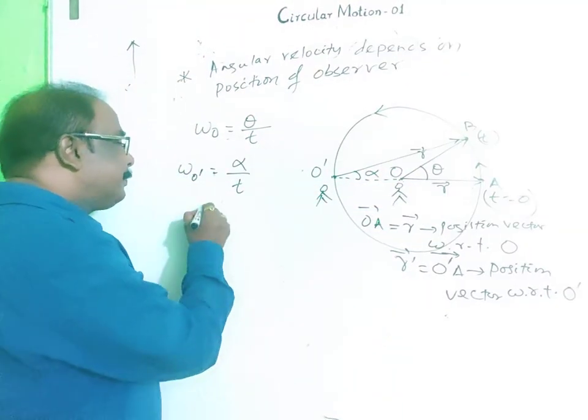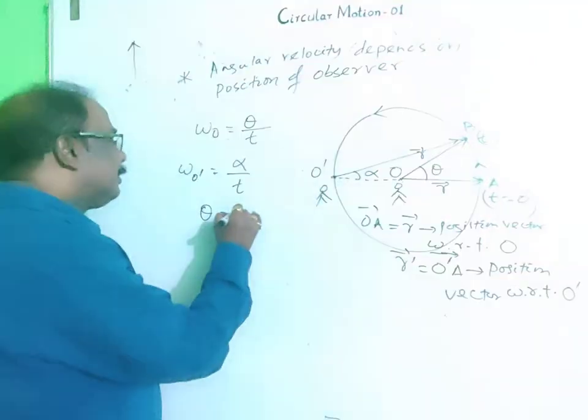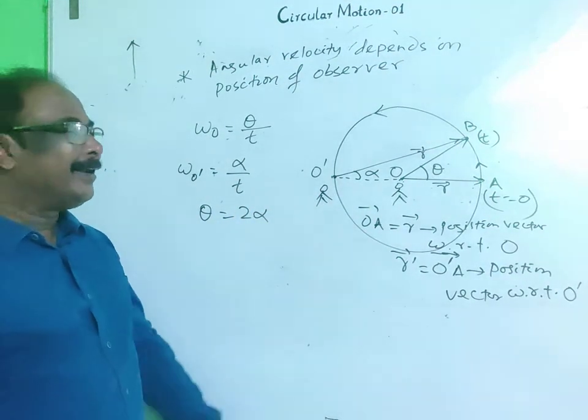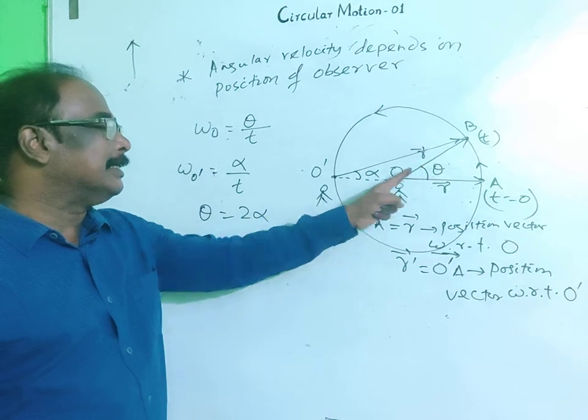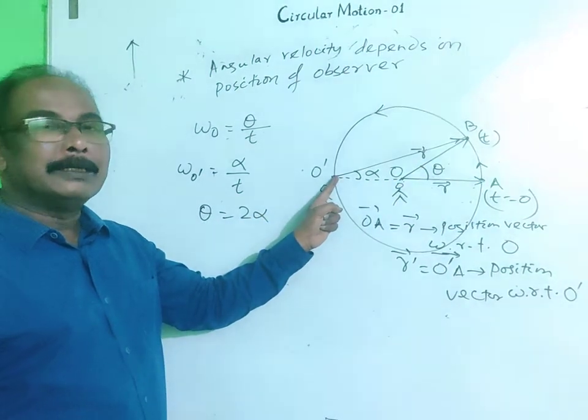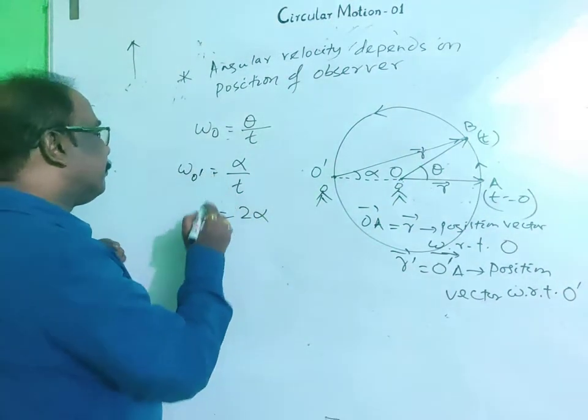Then what is the relation between theta and alpha? As you know, theta is equal to 2 alpha. Theta is the angle subtended at the center, and alpha is the angle subtended at diametrically opposite points. So theta is equal to 2 alpha.